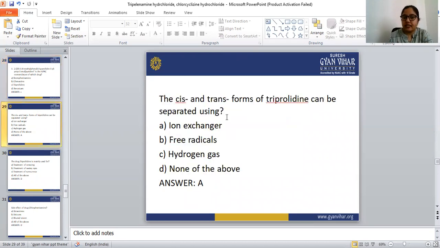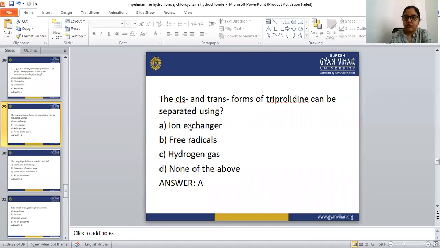The next question is: the cis and trans forms of triprolidine can be separated by ion exchanger, free radicals, hydrogen gas, or none of the above. We have already seen in the synthesis of triprolidine that we can separate the cis and trans forms with the help of an ion exchanger.